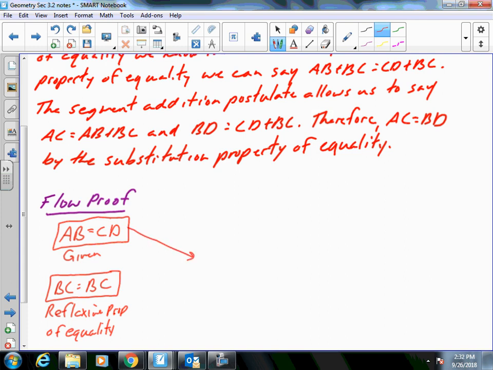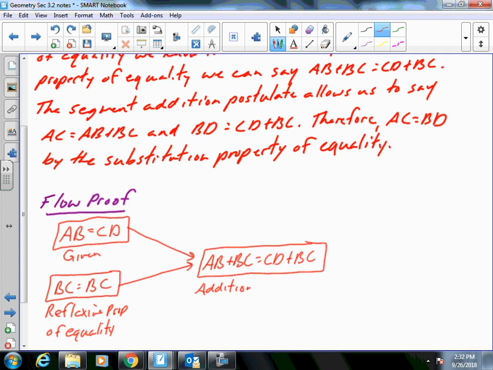So when we build that, we actually draw arrows from both of those boxes. AB plus BC equals CD plus BC. And the reason was the addition property of equality.